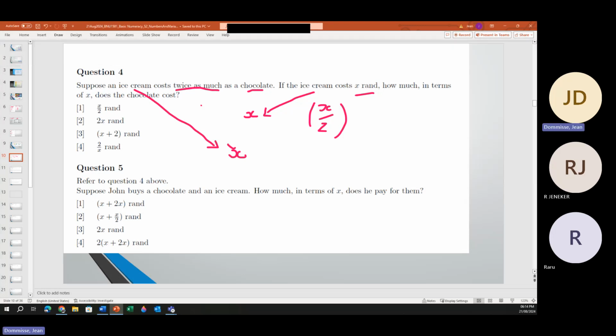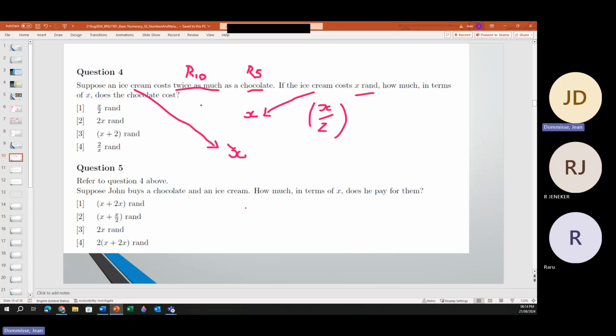Let's say a chocolate costs 5 rand and the ice cream costs twice as much as a chocolate. So if the chocolate is 5 rand, twice as much is 10 rand.